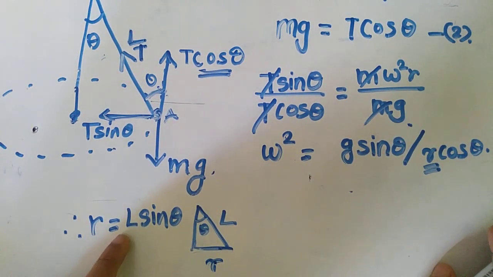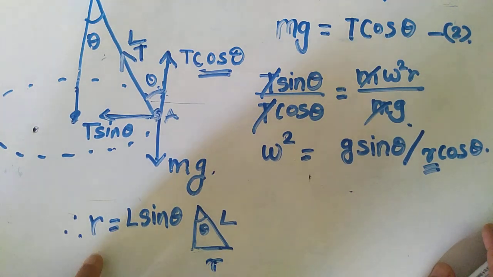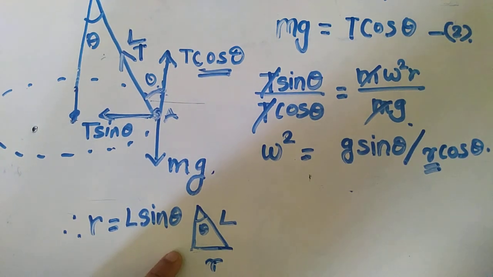Why am I doing this? Because you can easily find the length L of the string, but there is a problem in finding the radius of the circular path. So I am rearranging R in terms of L sin theta.